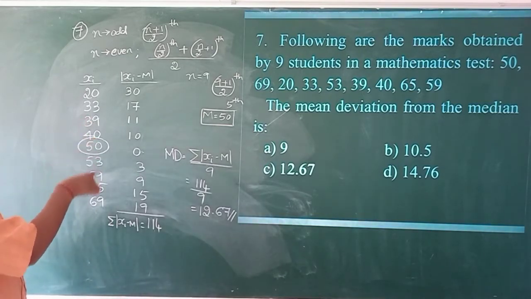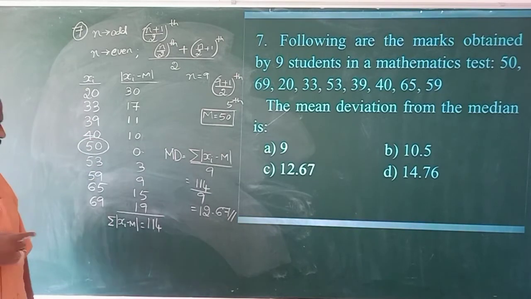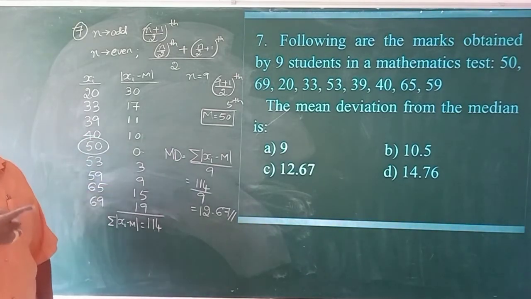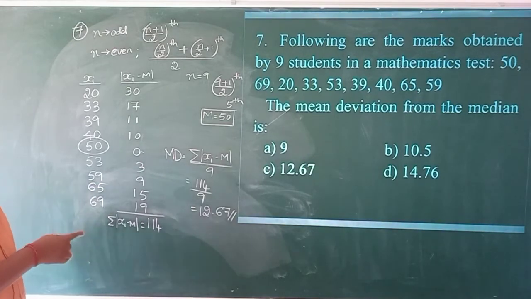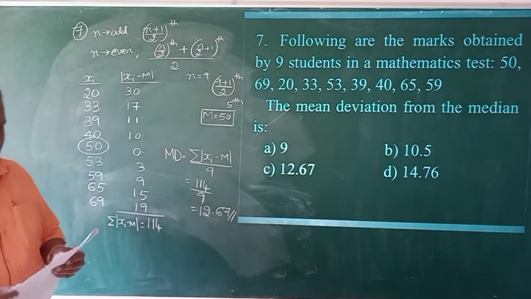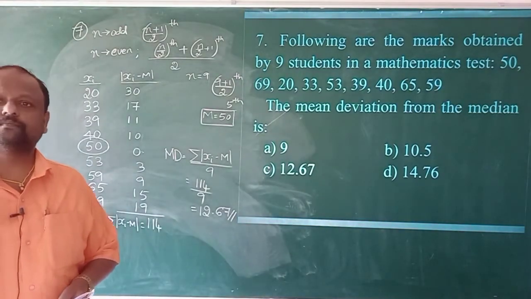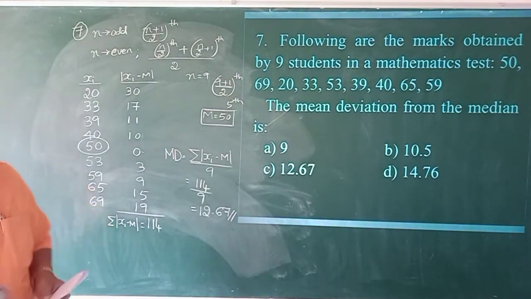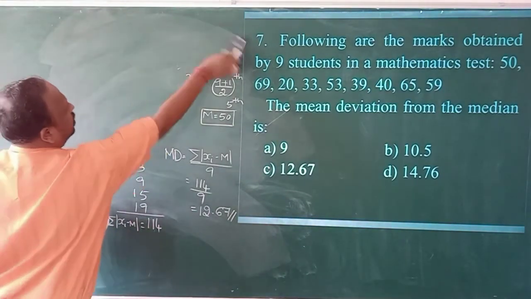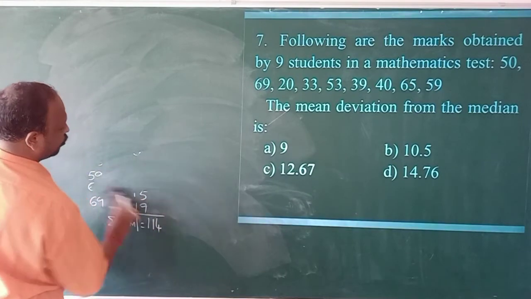Calculate xi minus M for each observation. Add, and finally you will get the mean deviation about the median, 12.67. Clear? Okay. Here also we are doing median for ungrouped data.